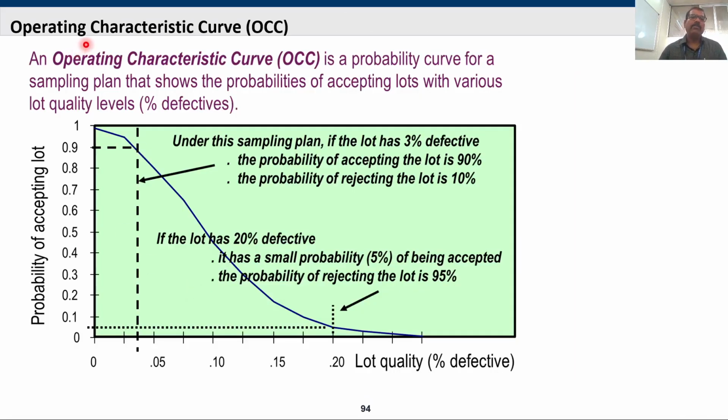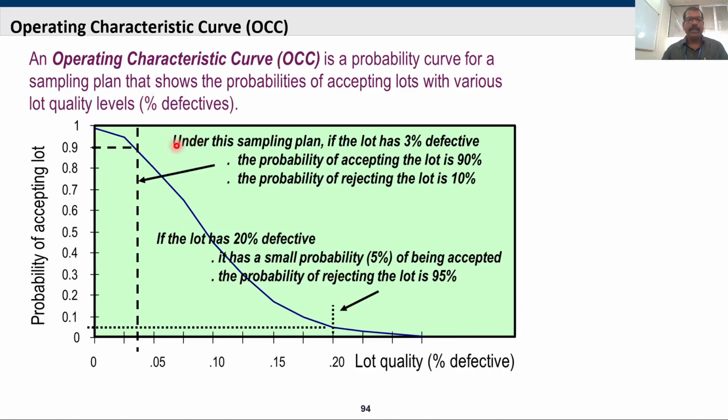This is the operating characteristic curve, the OC curve. An operating characteristic curve is a probability curve for a sampling plan that shows the probabilities of accepting lots with various lot quality levels. As I said, on the x-axis you have the lot quality, the percentage of defectives, and on the y-axis the probability of accepting the lot. It starts with 1, then the curve goes like this.